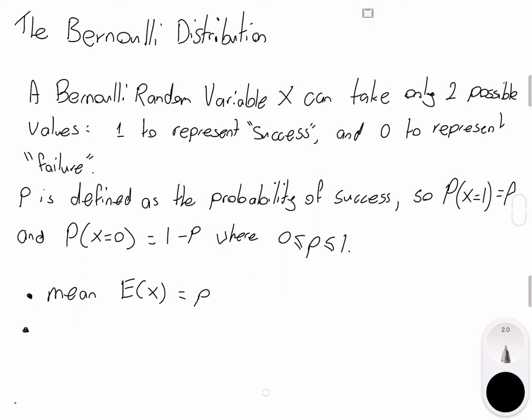The variance, in this case, is, same again, we're using the same symbols as before. So the variance in this case is the probability of the successes multiplied by the probabilities of the failures.